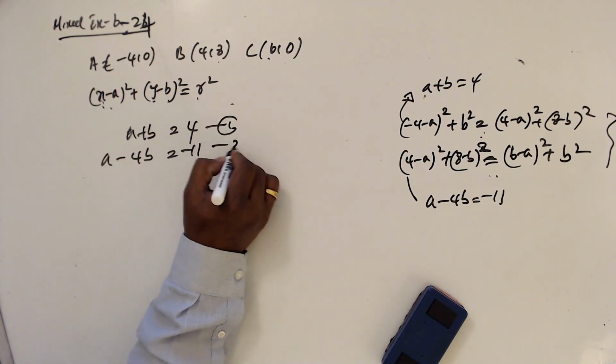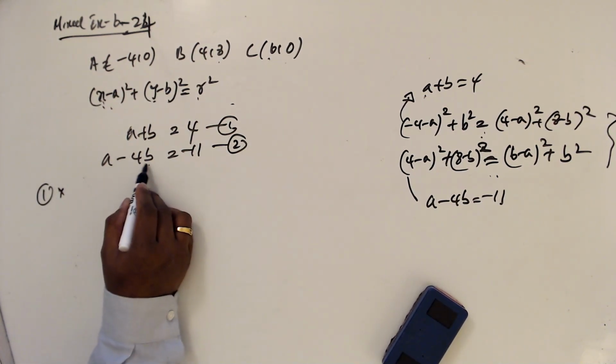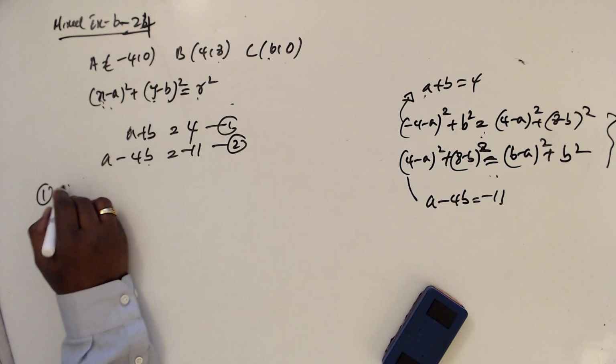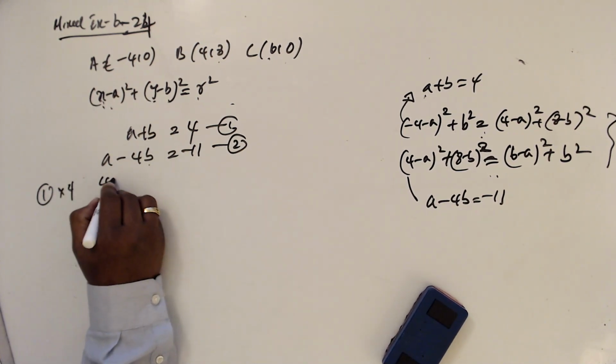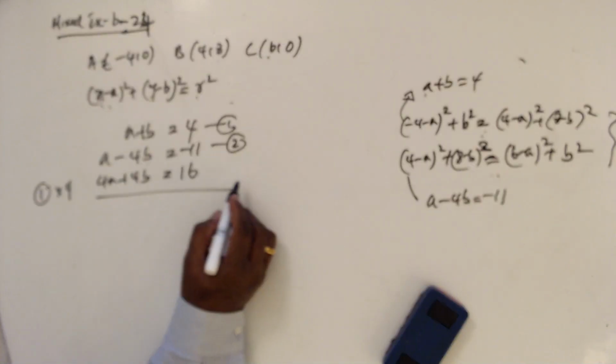This is 1, this is 2. I'm going to eliminate b, so I multiply 1 by 4. So 4a + 4b = 16. I will add those two together.